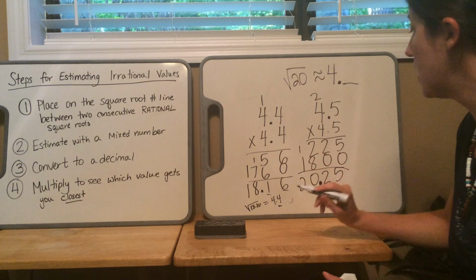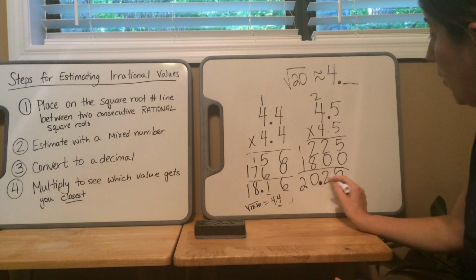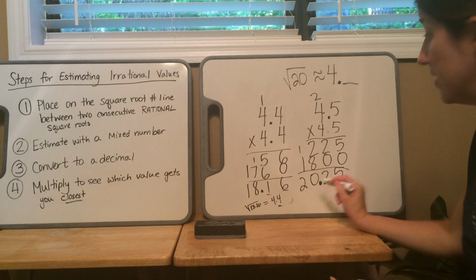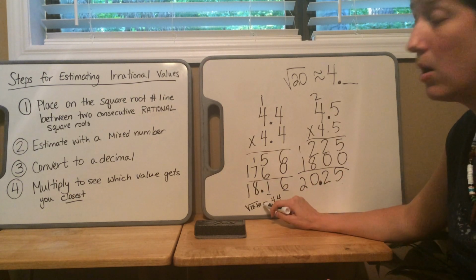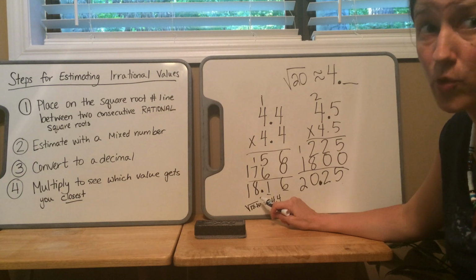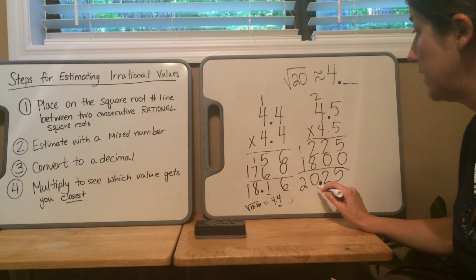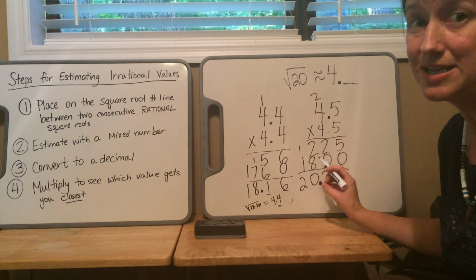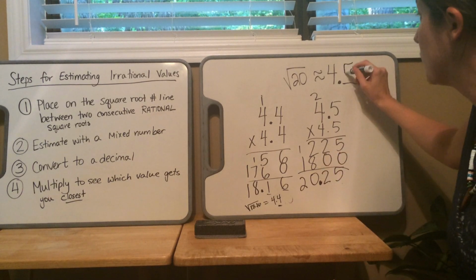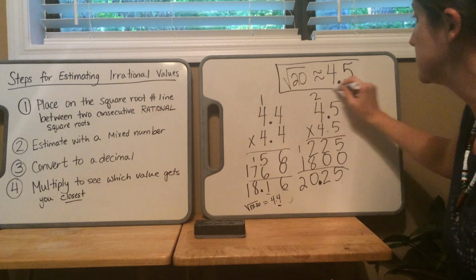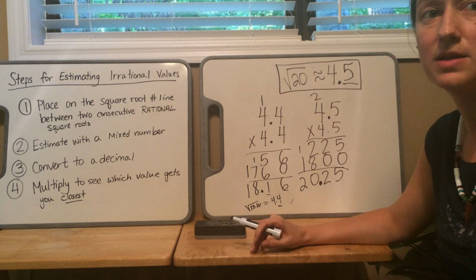So 0.25 away, whereas this was over 1 unit, over 1 away. This is much closer to the square root of 20. So the nearest tenths place decimal is 4.5. So we would say the estimate for the square root of 20 is 4.5.